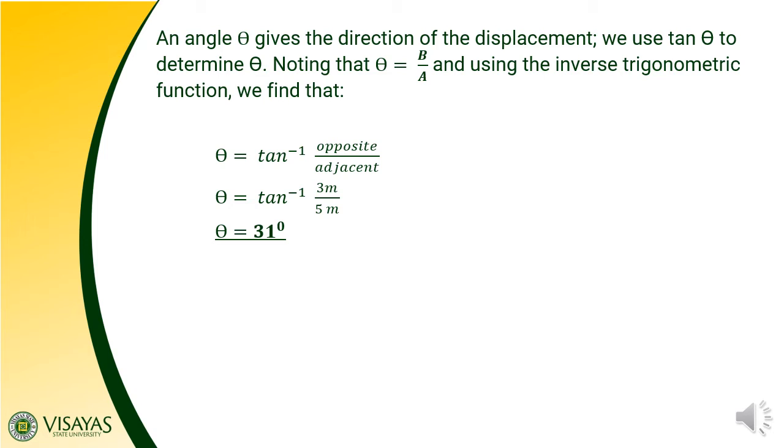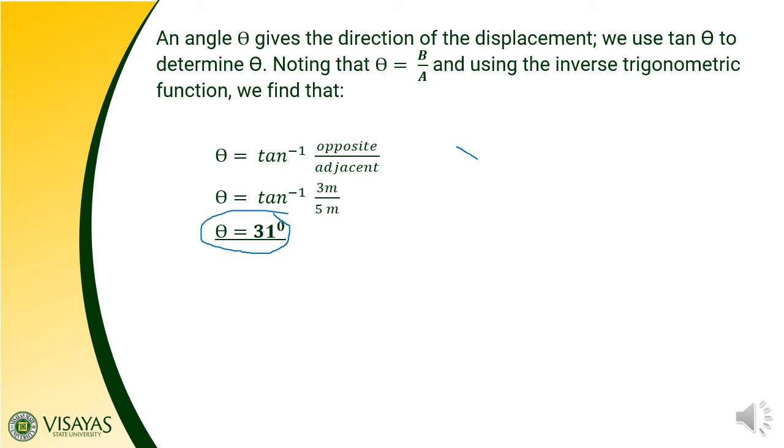We use tangent theta to determine theta, noting that tan theta is equal to b over a, and using the inverse trigonometric function, theta is equal to inverse tangent, opposite over adjacent. So theta is equal to inverse tangent of 3 meters over 5 meters. We come up with the answer 31 degrees. So the angle is 31 degrees.